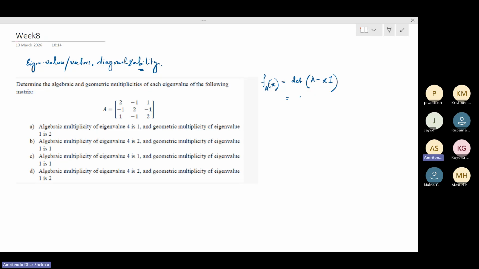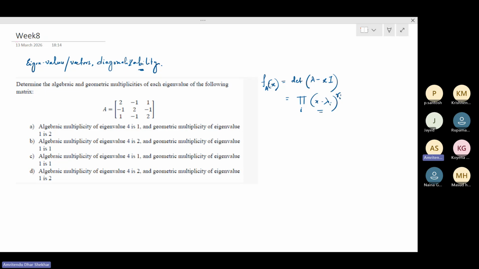So if you can write this as the product of (x minus lambda_i) to the power of r_i, then essentially you've decomposed this polynomial into a product of irreducible terms raised to the powers r_i.